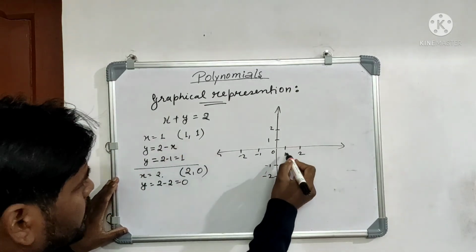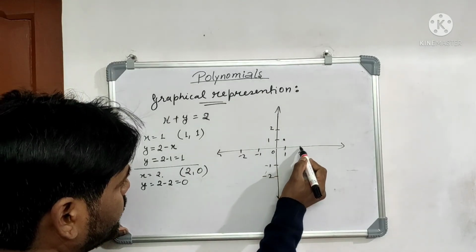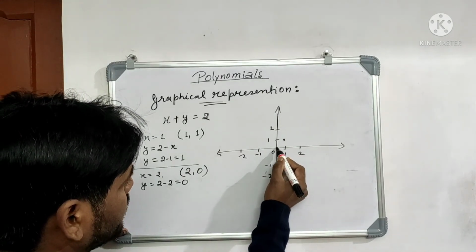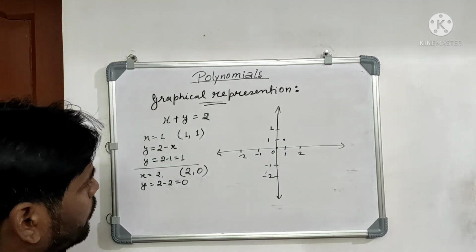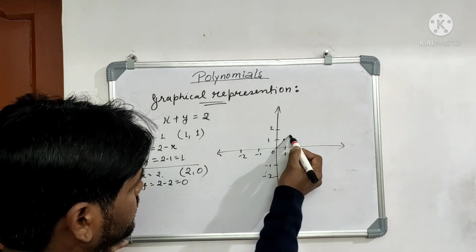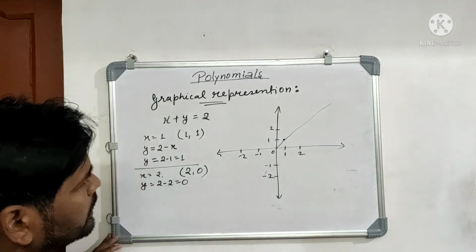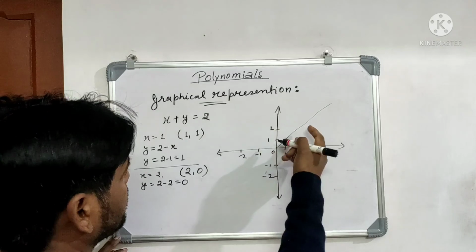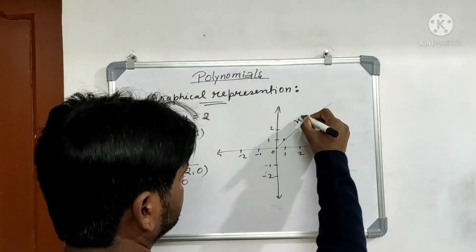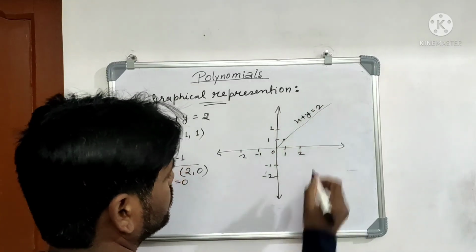Let us plot this point. 1 and 1, and for 2 and 0 it is not moving anywhere on the y-axis, so we will be having this point on the x-axis. Now connect these 2 points, it will help you in the formation of a straight line or a graph. That is the outcome for the equation x plus y is equal to 2.